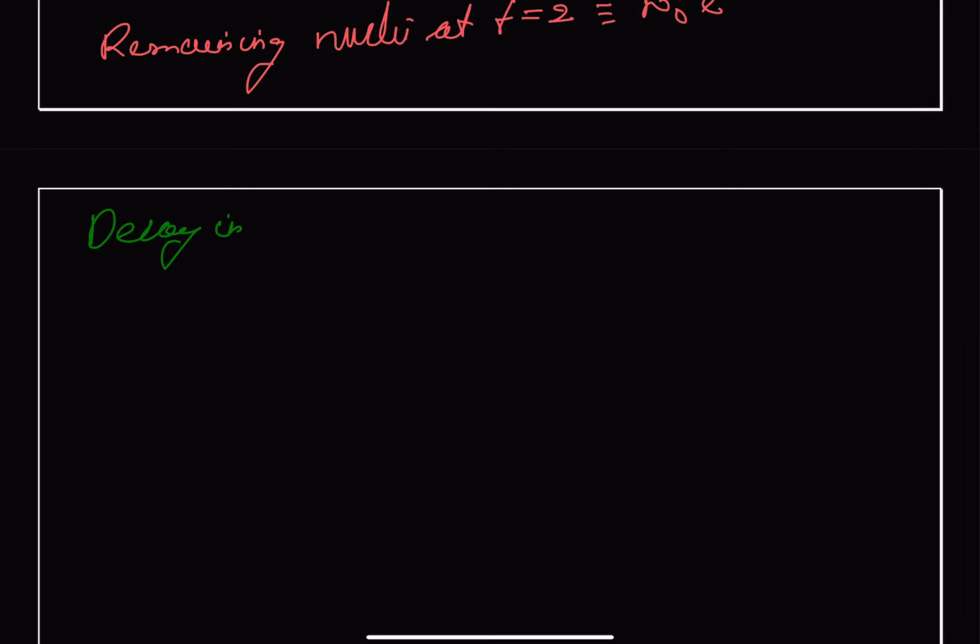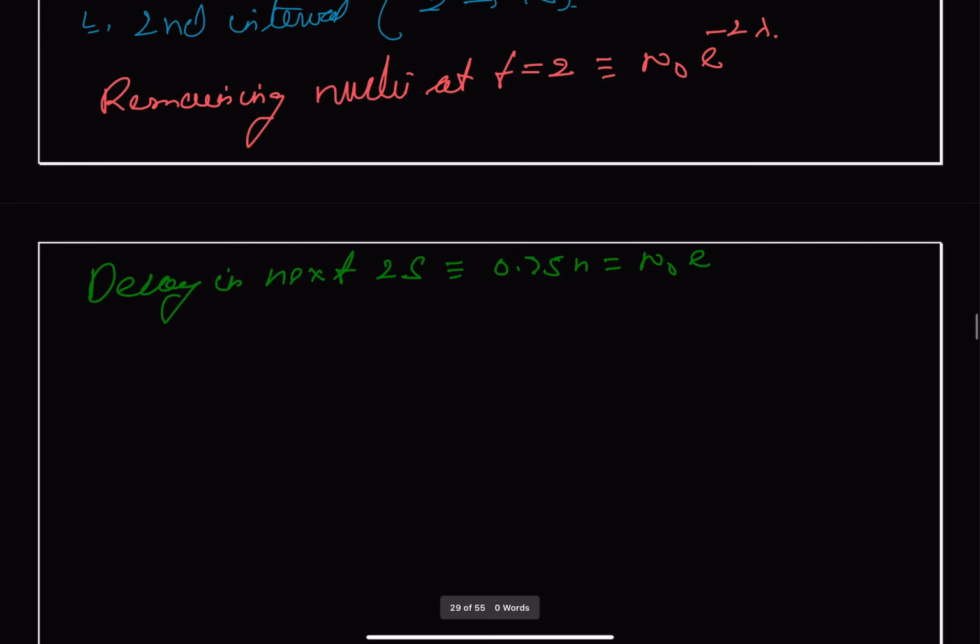The decay in the next 2 seconds is given to us as 0.75 N, which will be equal to N naught e raised to the power minus 2 lambda times (1 minus e raised to the power minus 2 lambda).